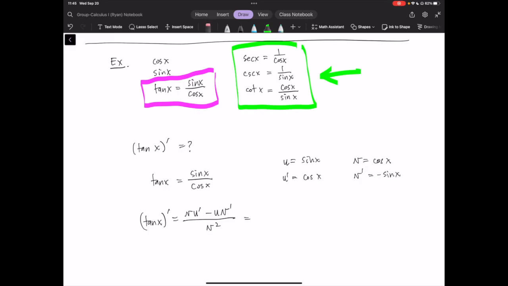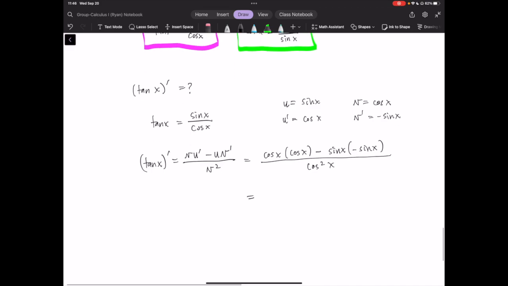It's v times u prime. So it's cosine of x, that's v, times u prime, which is another cosine of x, minus u, so there's our sine of x, times v prime, which is a negative sine of x, all over v squared. So v squared I'm going to write as cosine squared of x.